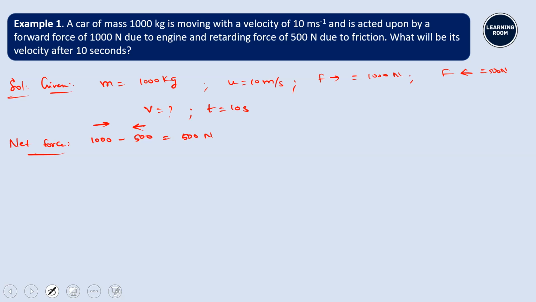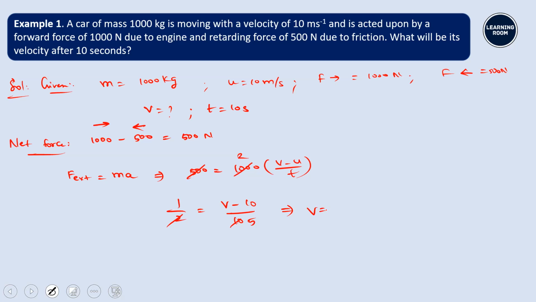So according to Newton's second law, can I say that the external force is equal to mass of the object into acceleration? So the external force is 500 is equal to, what is the mass of the object here? 1000 into acceleration. Can I write it as v minus u divided by t? So if you observe, it cancels. 1 by 2 is equal to v minus 10, where v is what we need to find, divided by how much time? Since we are speaking about 10 seconds.